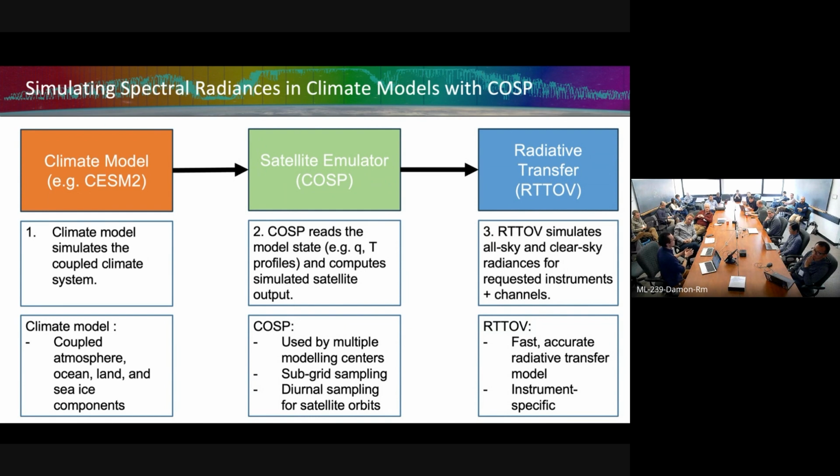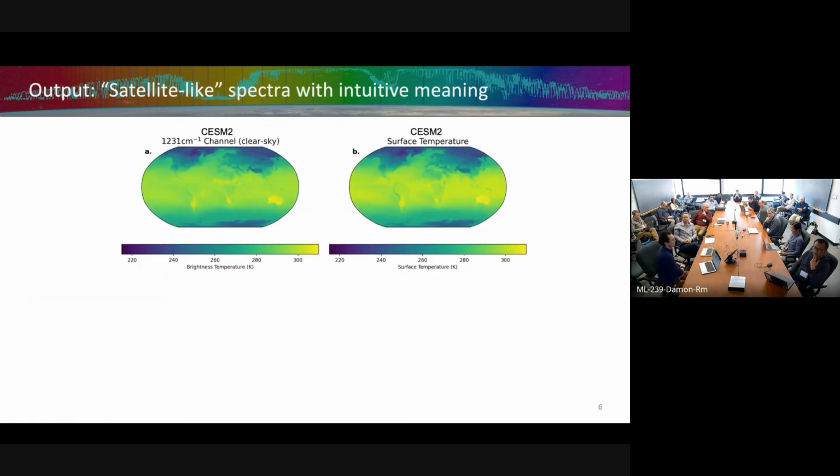So effectively, COSP is just our middle step to transfer the model state into this additional radiative transfer tool that then produces satellite-like radiance fields or brightness temperatures that are basically level 1 equivalent fields. It's pretty fast. We've basically validated against the model. I won't show that here, but I'm happy to talk to you about it. It simulates all sky and clear sky fields, with the idea that we want to leverage the observations as much as possible.